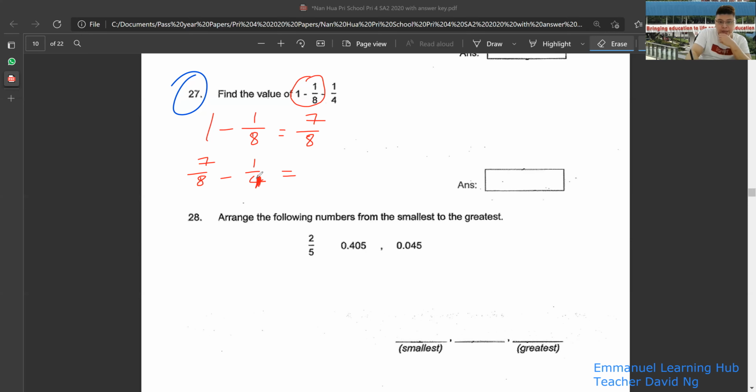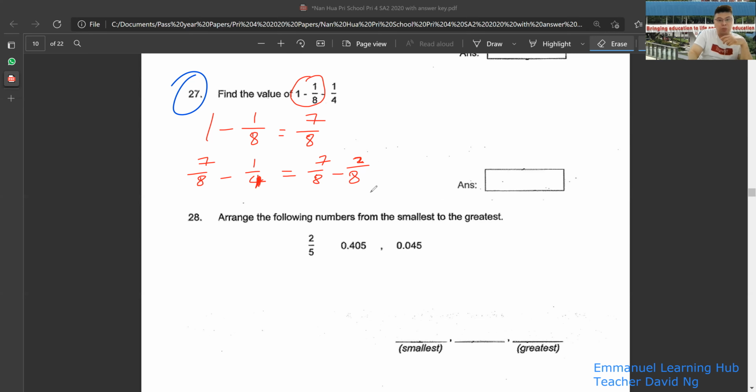You mean change 1/4 to 2 over 8 lah? 1/4 is 2 over 8. Oh, you know why?